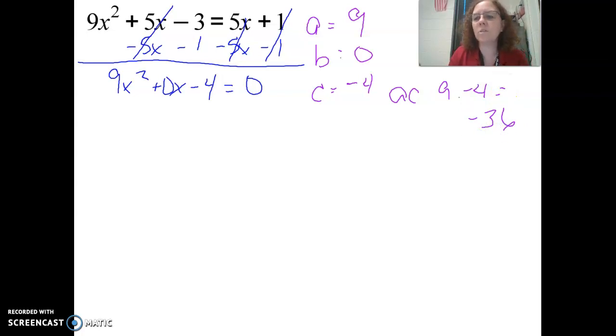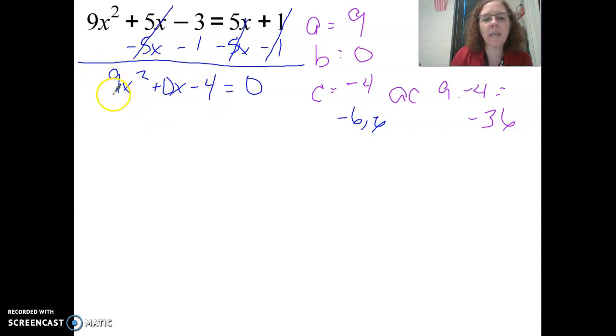All right, so I want two numbers that multiply together to be negative 36 and add together to be 0. Well, in order for them to add to 0, they have to be opposites of one another. So what are two numbers that are opposites of one another that multiply to be negative 36? Negative 6 and positive 6. All right, so let's come over here and let's replace.